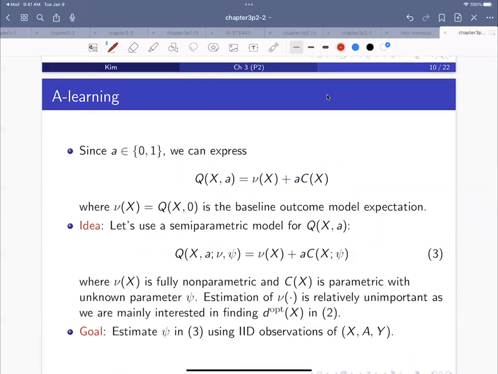So the idea is we can use A. You write it using the contrast function.